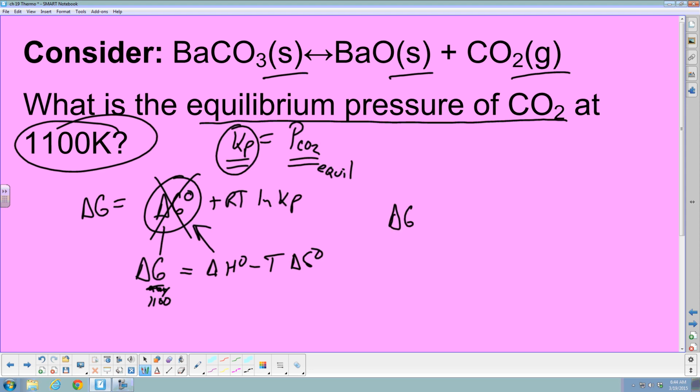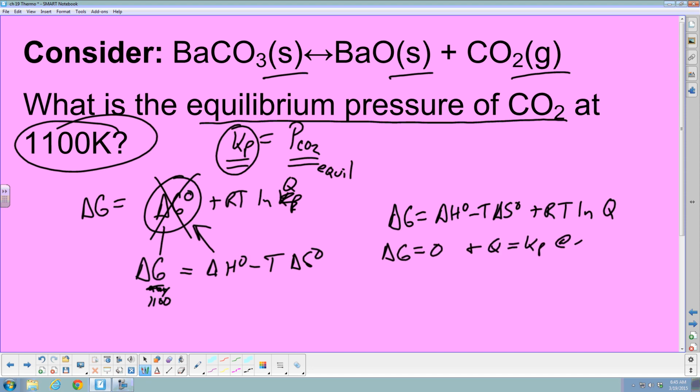My delta G equals delta H prime minus T delta S prime plus RT natural log of Q, right? This should be Q at this time. Sorry about that. And then I'm going to say let my delta G equal 0 and my Q equal Kp at equilibrium. And so what do I get out of this? I get 0 equals my delta H prime minus T delta S prime plus RT natural log of Kp.